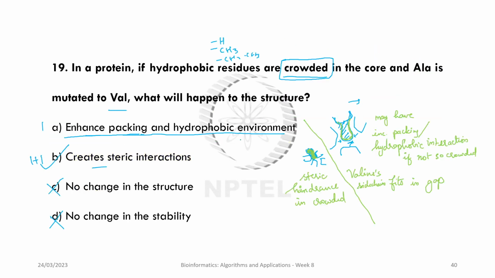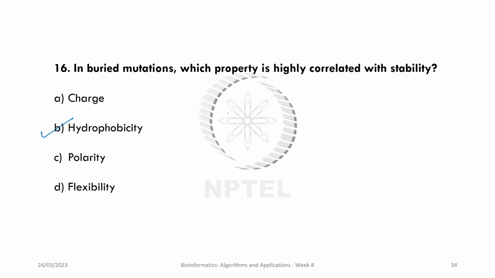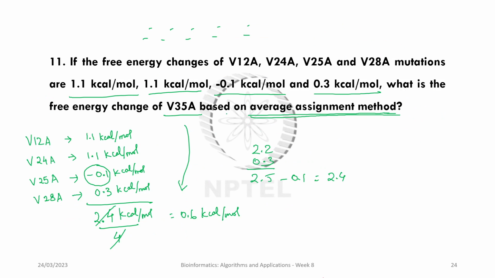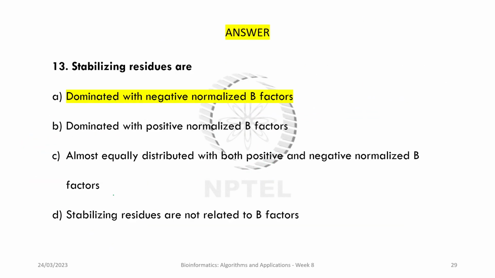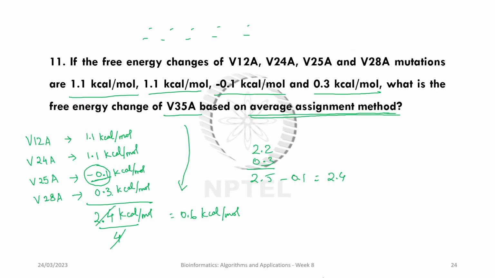Even in the previous question that you saw, for stabilizing, delta delta G is always positive. And in another question, we had negative in case of V25A, right? That was also free energy.